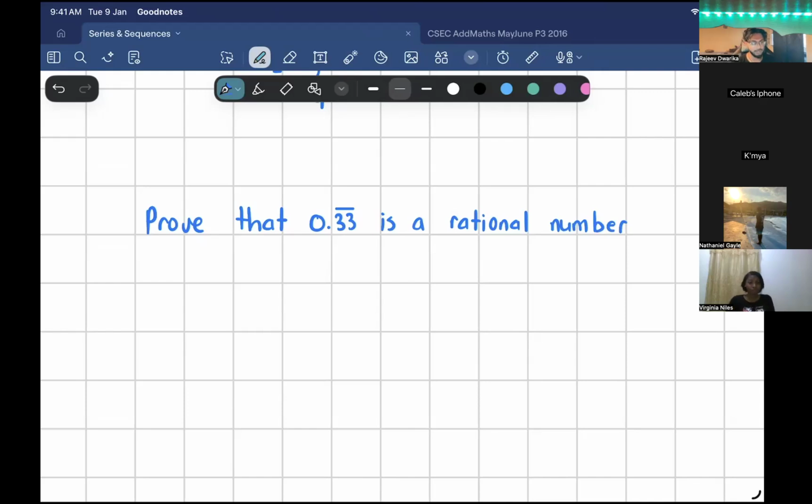First of all, what's a rational number? What's a rational number, guys? It's not a number with a rash. It's in the name: a rational number is a fraction.